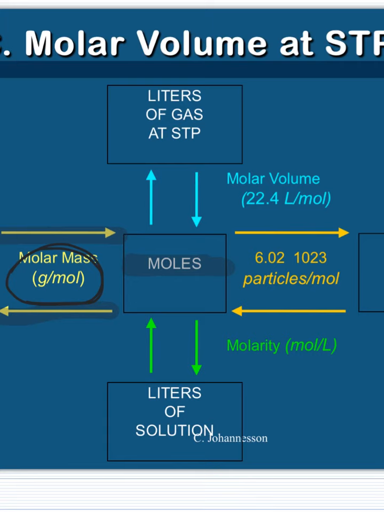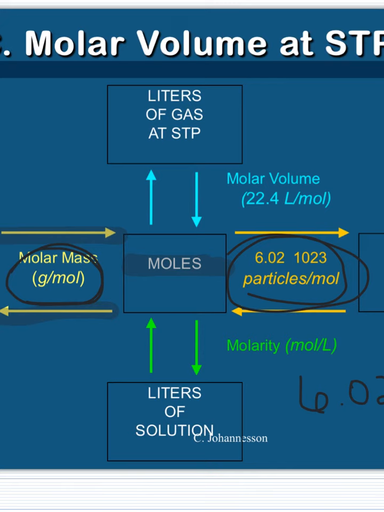Look over here where you go from moles to particles. The number you need to use would be Avogadro's number, 6.02 times 10 to the 23rd.